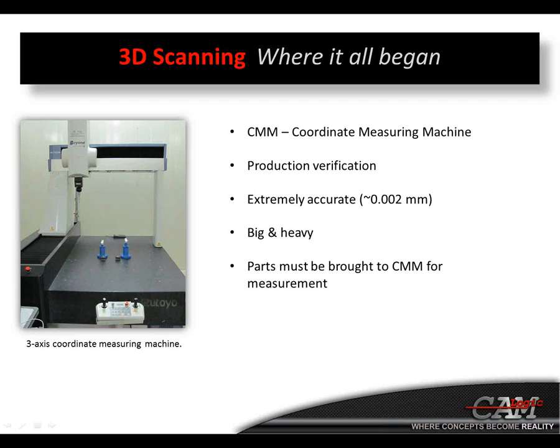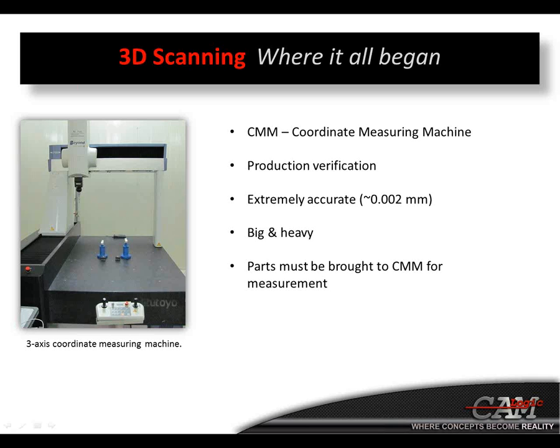But right before we get to 3D scanning, let's talk about where it all began. And it sort of all began with the CMM, or the Coordinate Measuring Machine. It was originally developed for production verification. When items were produced, they wanted to make sure, obviously, that what they were producing was within spec.